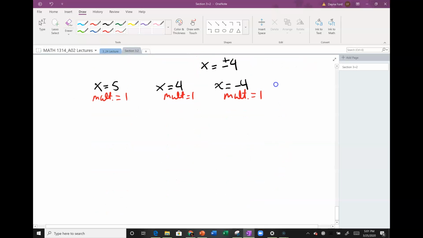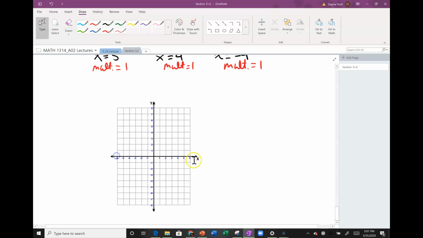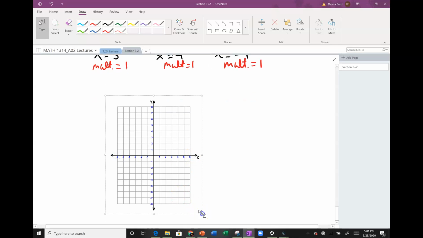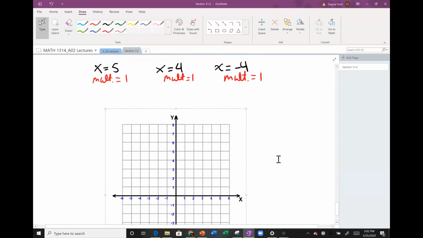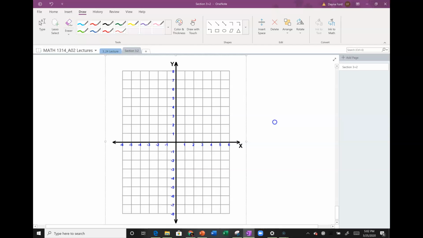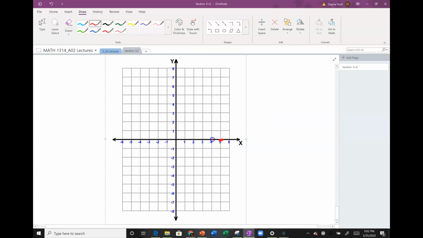So let's look at what this one would look like when we graph it. My zeros are at 5, 4, and -4. So I have a 5, a 4, and a -4.